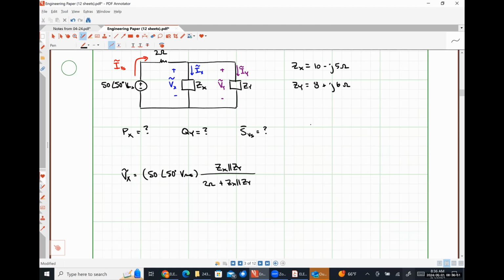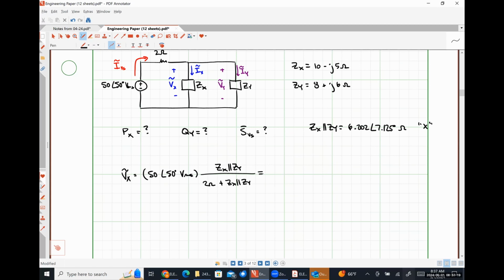So just as a side note here, Zx in parallel with Zy, if I did this correctly, which I believe I did, came out to be 6.202 with an angle of 7.125 degrees ohms, which I have since stored in my calculator as X.